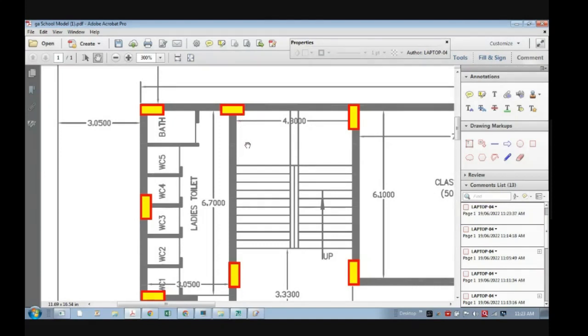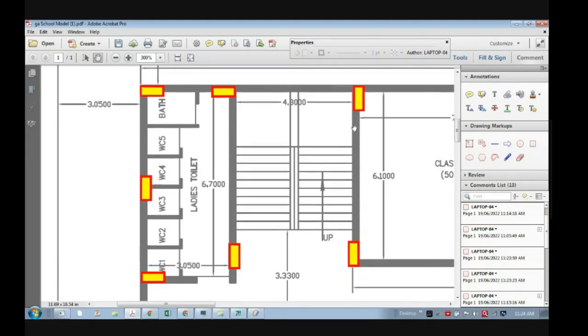So why not take it at one end? Will it work or not? Any problem having the column here? No, sir. Okay, now this also I can shift. Now I have shifted this here. Now are all columns okay now?